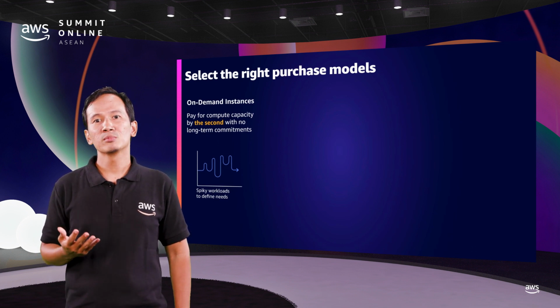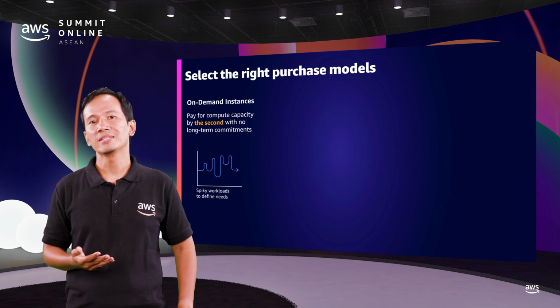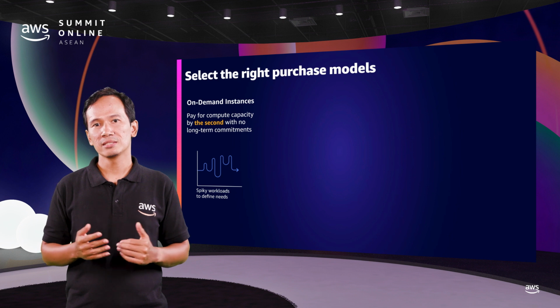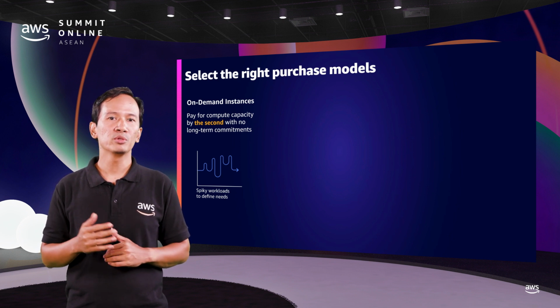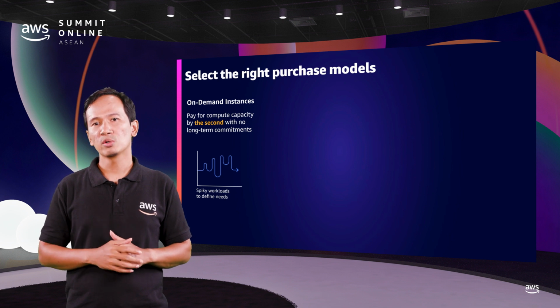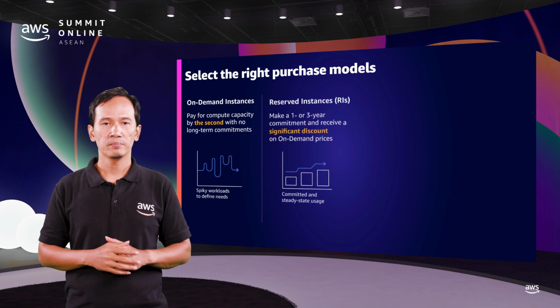AWS has multiple pricing models that allow you to pay for your resources in the most cost-effective way that suits your organization's needs. First is on-demand instances. This is where you launch compute capacity and pay by the second. There are no long-term commitments, which is great for spiky workloads as you are defining your needs.